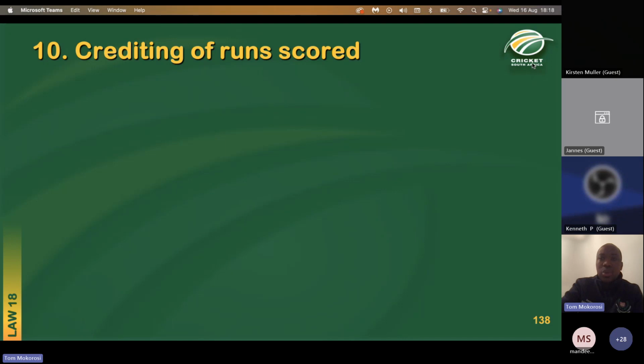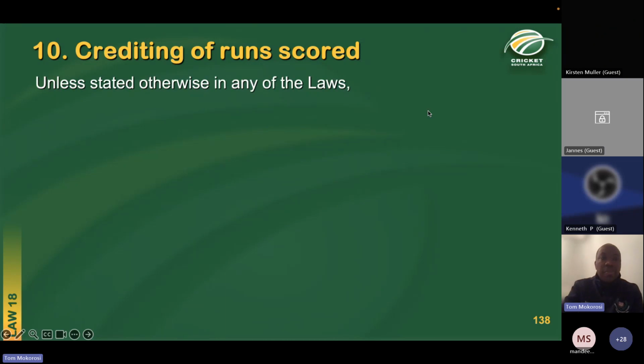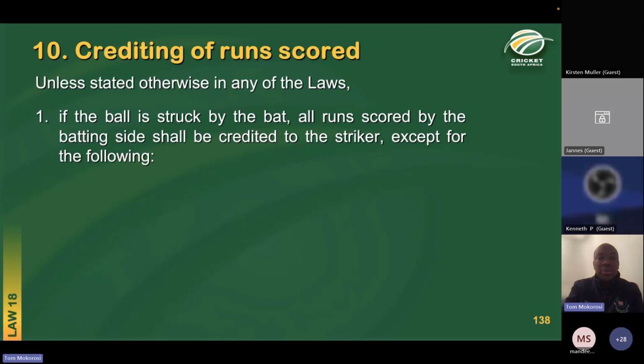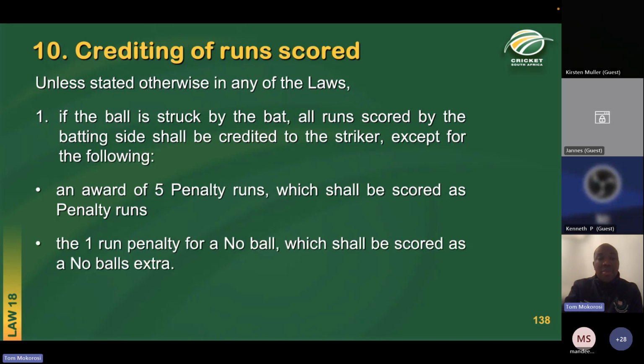Now, who gets awarded runs and when? Let's see what the law says. Unless stated otherwise in any of the laws, if the ball is struck by the bat, all runs scored by the batting side shall be credited to the striker, except for the following: an award of 5 penalty runs, which shall be scored as penalty runs, and the 1-run penalty for a no ball, which shall be scored as no ball extras.